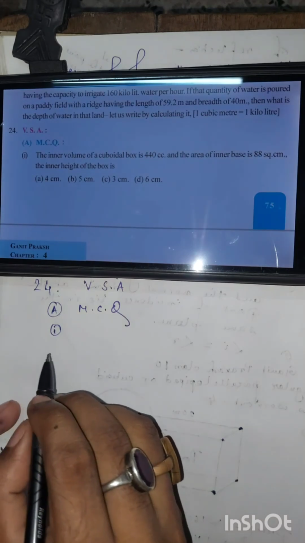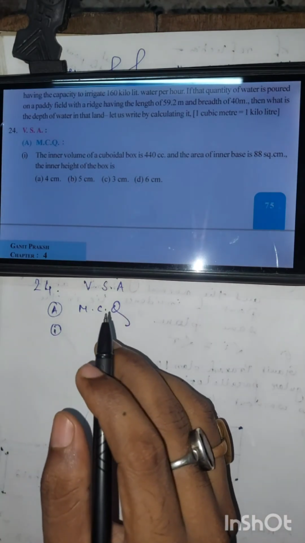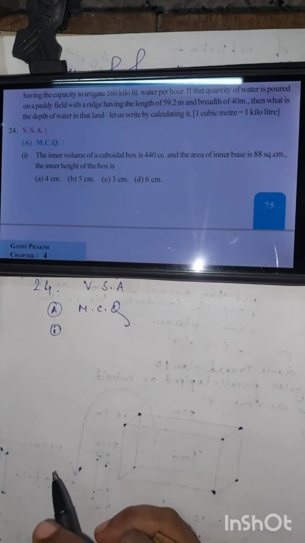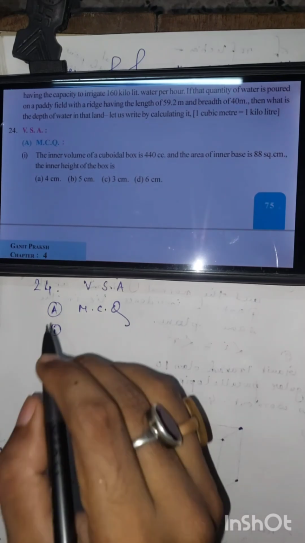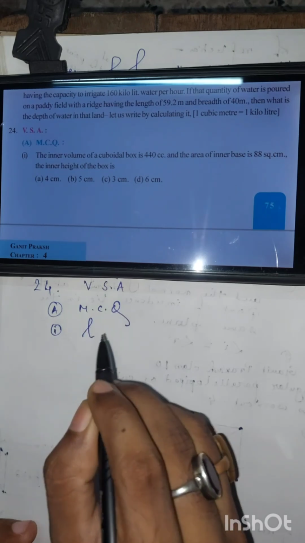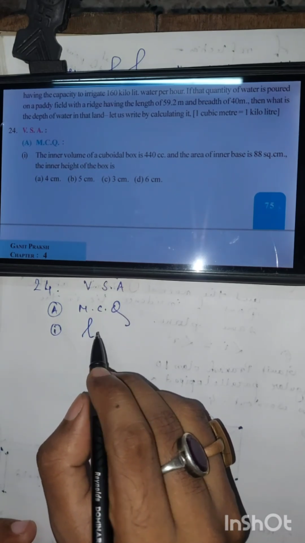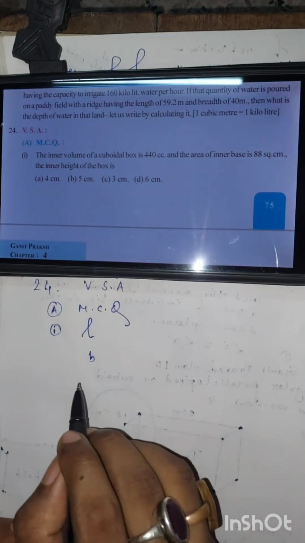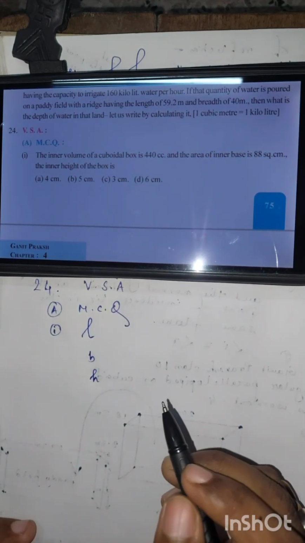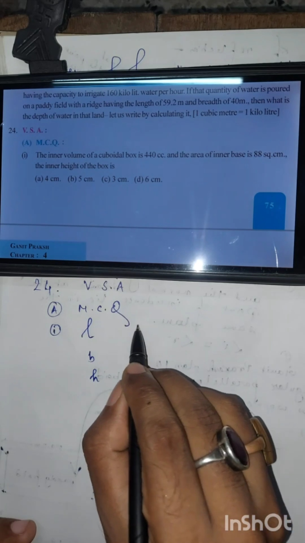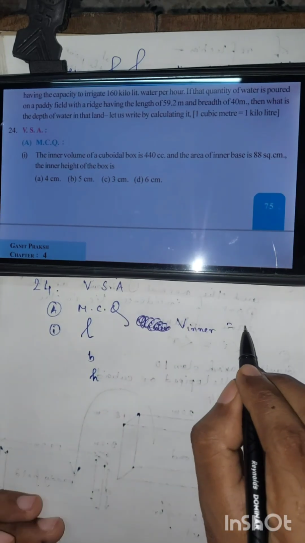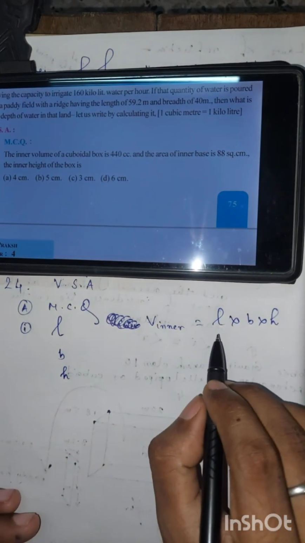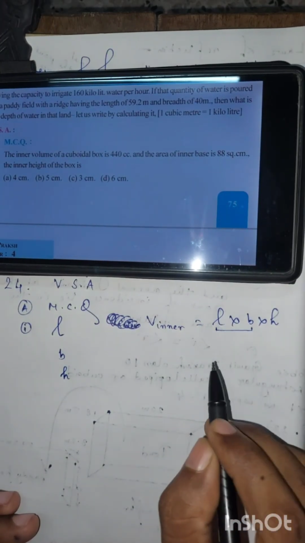Okay. So let us denote the inner dimensions by small letters. Okay. So L is inner length, B is inner breadth, and H is inner height. Now the inner volume is length into breadth into height. Now length into breadth is area.